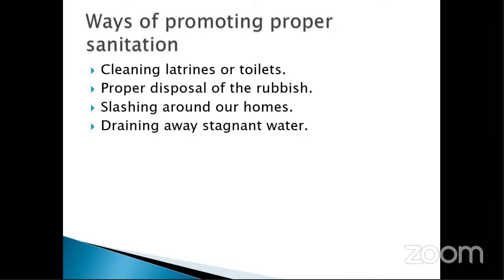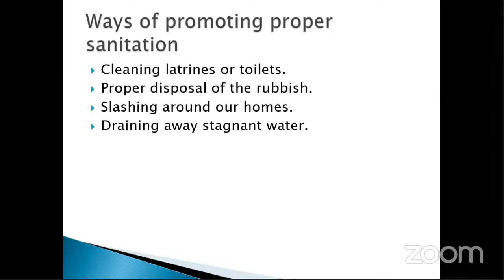Because if you leave that water to stay there, the mosquitoes will come and lay their eggs there. So the eggs will hatch into very many mosquitoes that will keep biting people and spreading germs, which will cause malaria, elephantiasis, yellow fever, dengue fever, and the different vectors will also come there and lay their eggs there.